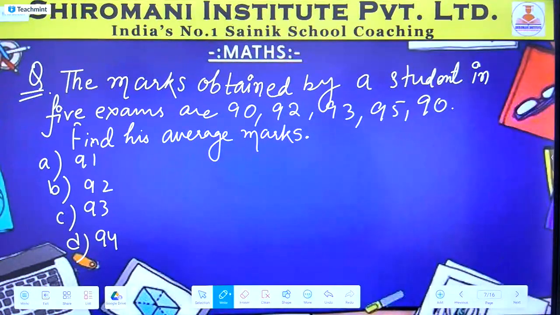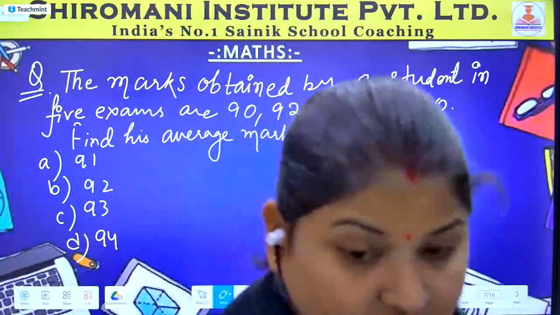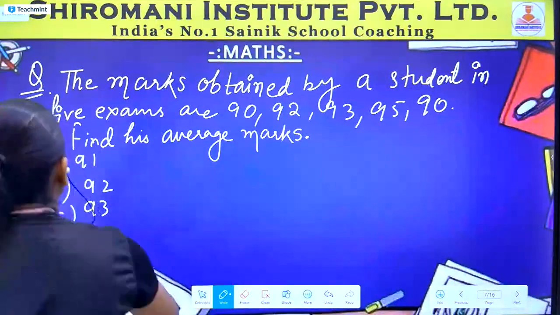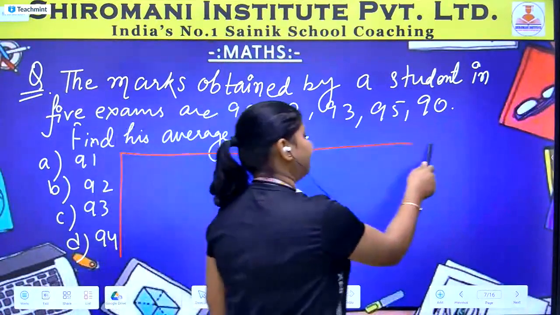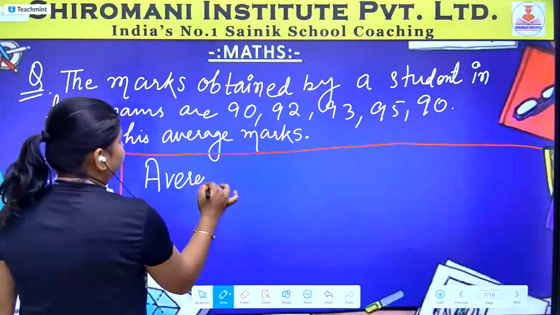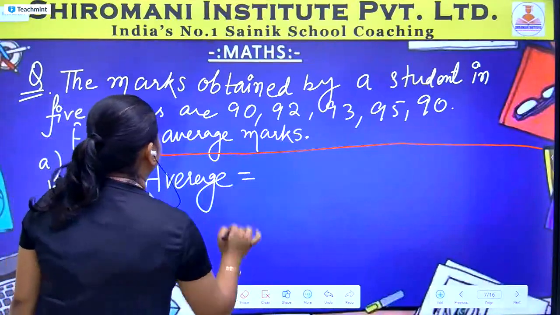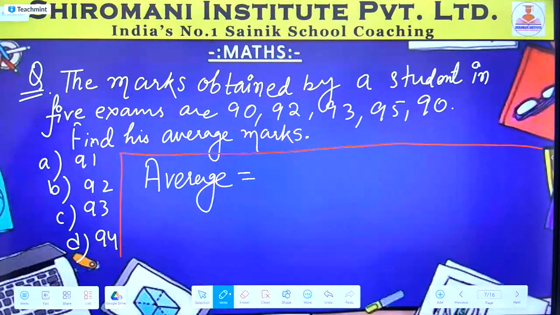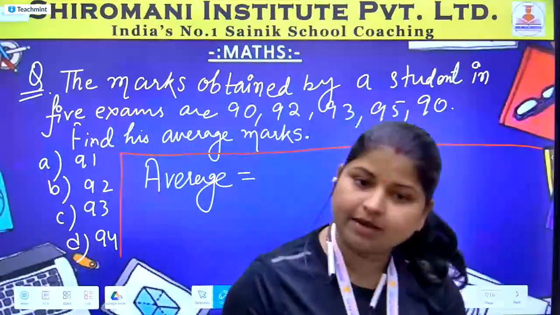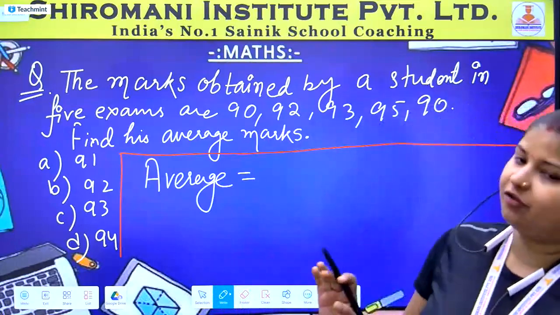Okay, see how to do this one. Very easy, dear. You have to find the average, right? For average, what was the formula? The formula was just to add all the given observations and divide by the number of observations.